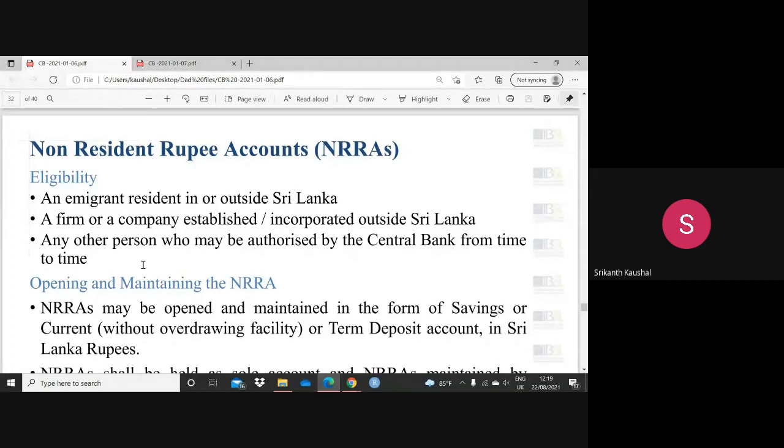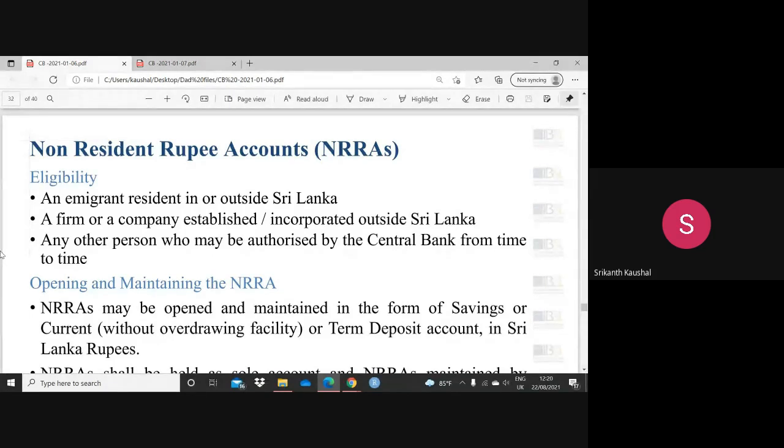So there had been confusion. Who could open a CTRA? Now the central bank identified that issue. Now they rectified it this March, bringing back the NRR. This non-resident rupee account. Simply, you can see an immigrant resident in or outside Sri Lanka can open an NRR.